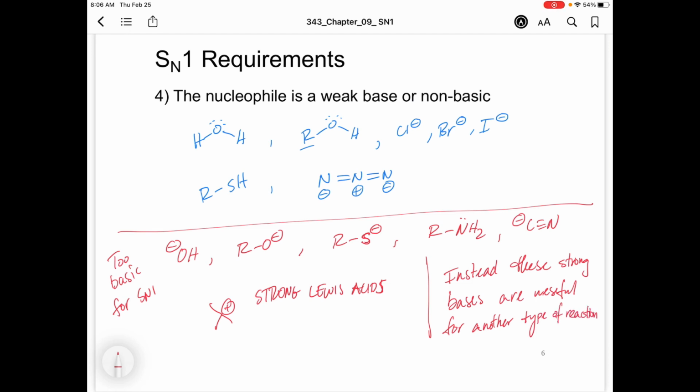That we'll get into. This is for E2, okay? So strong Lewis acids are incompatible with basic or moderately basic nucleophiles.